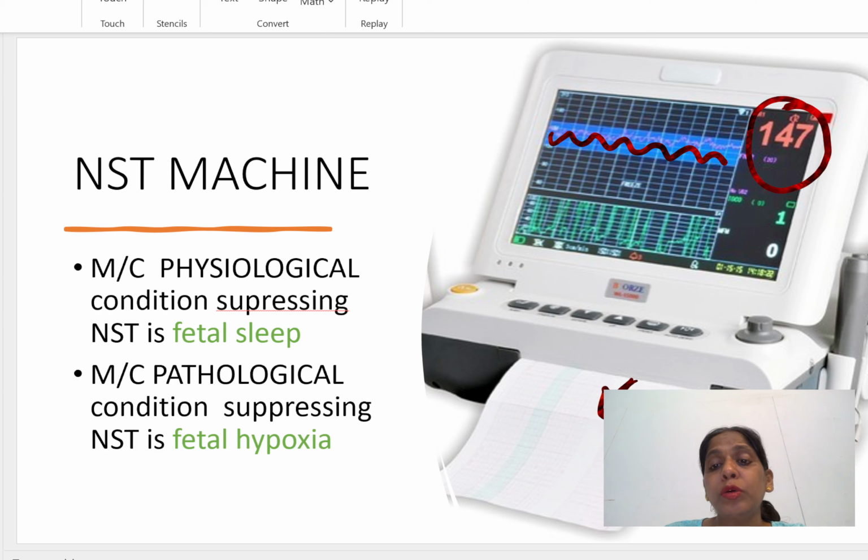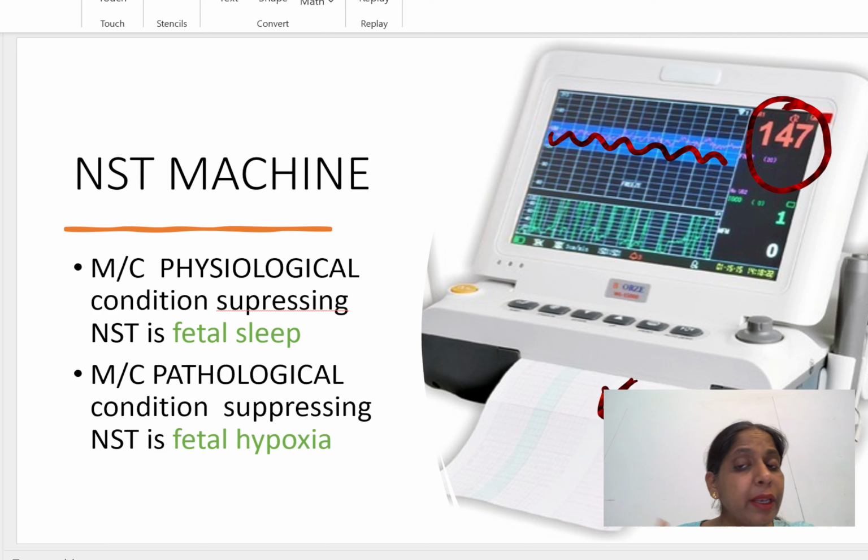The most common pathological reason behind a non-reactive NST is fetal hypoxia.